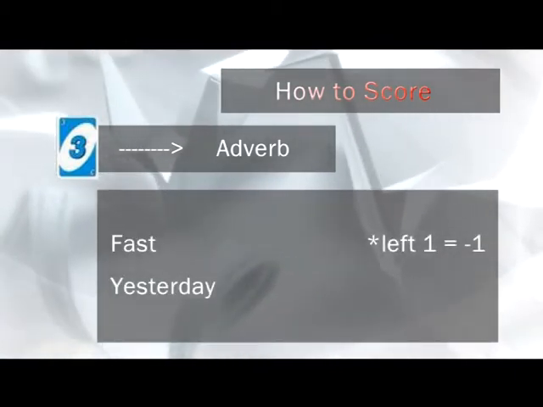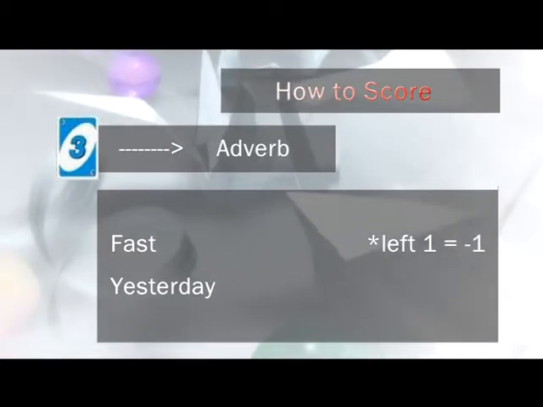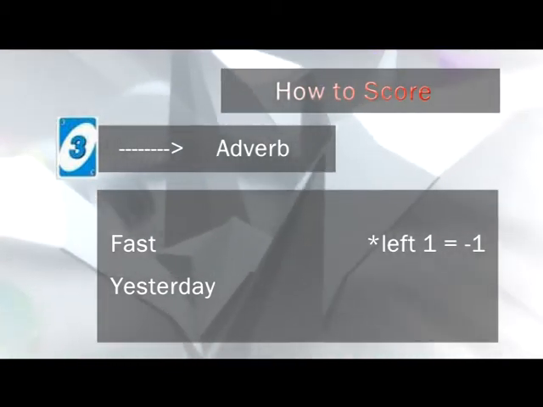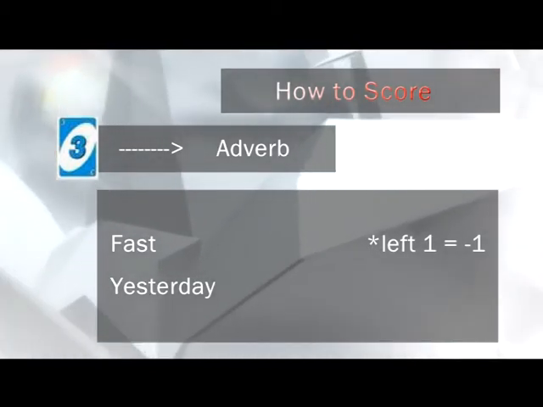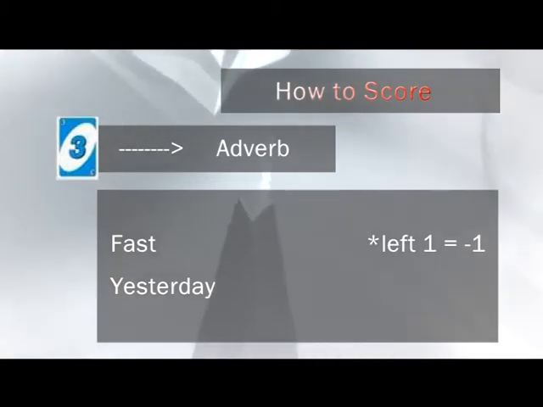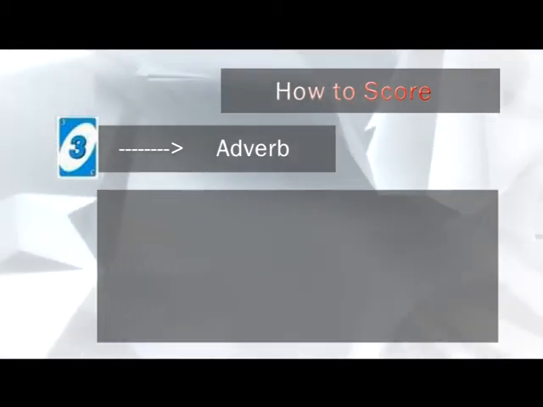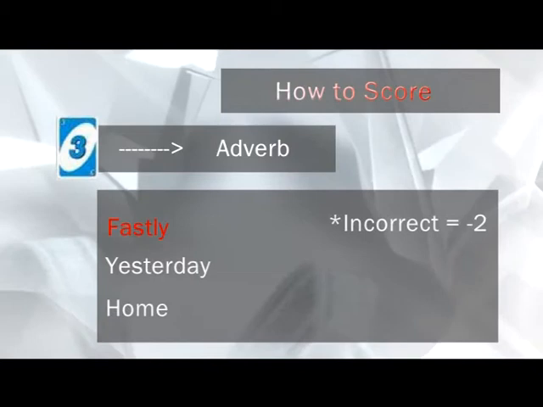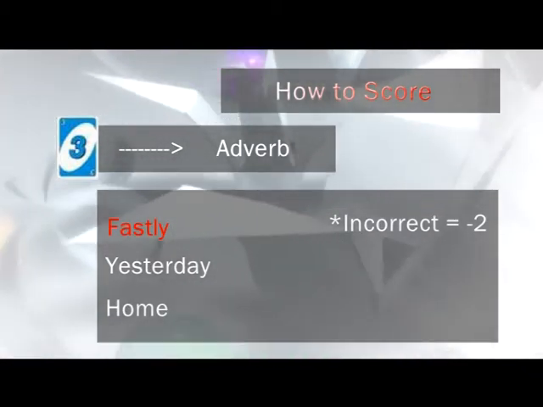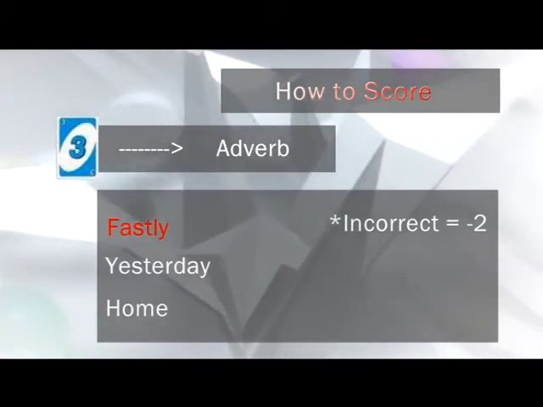If he misses one vocabulary, the total score will be -1, so he gets 3 points. If he mentions one wrong vocabulary, the total score will be -2, so he gets 2 points.